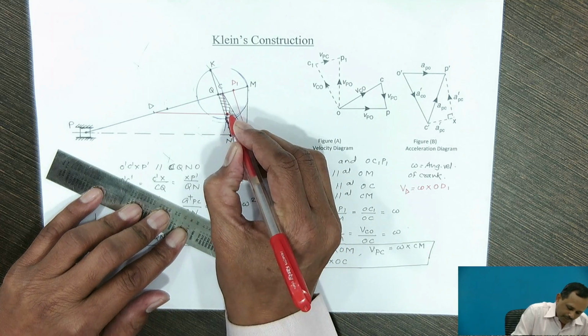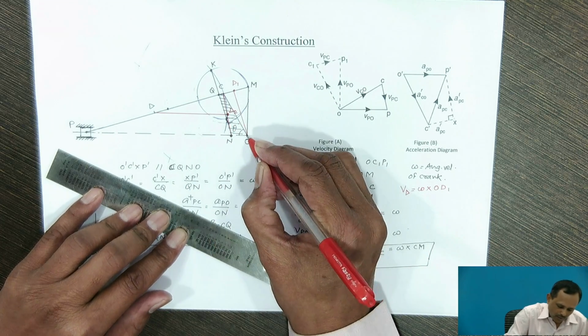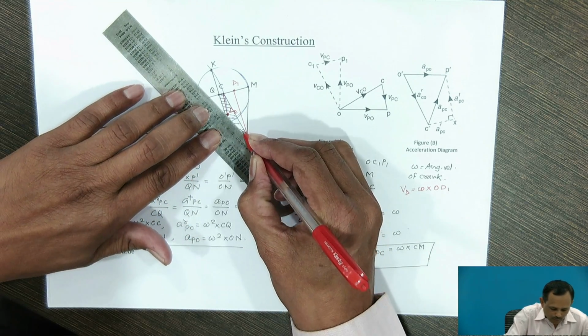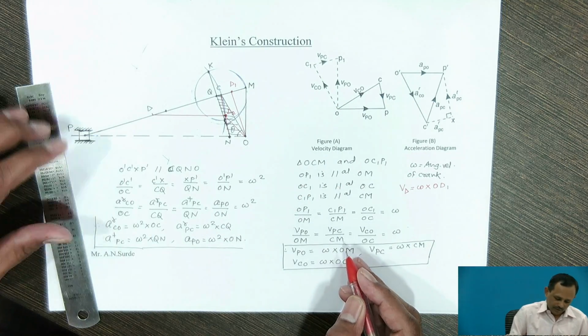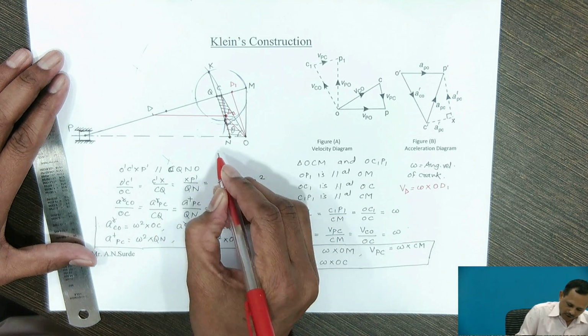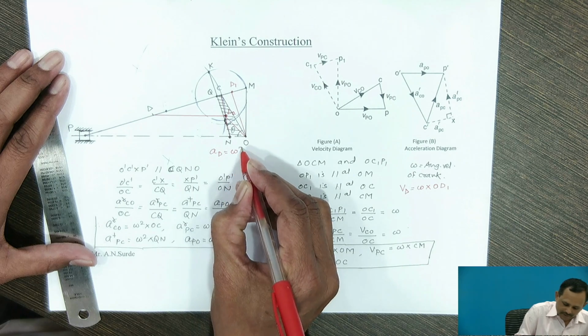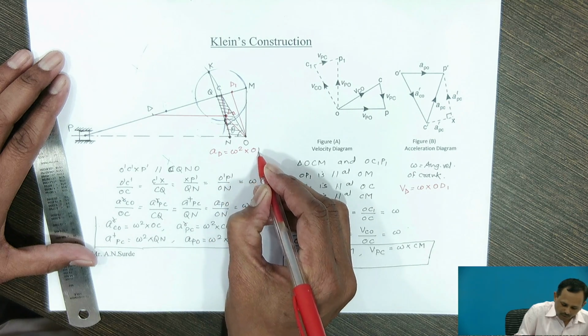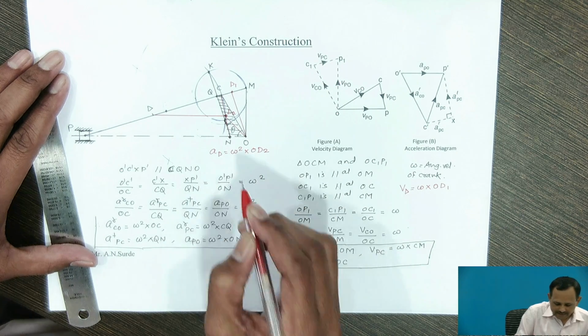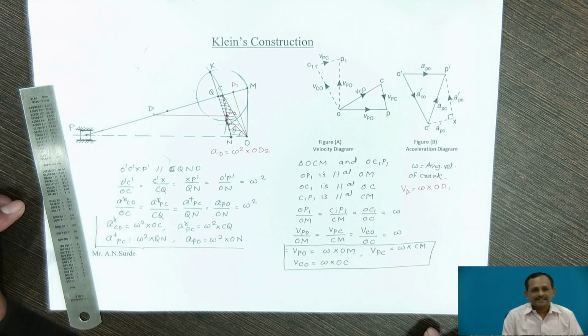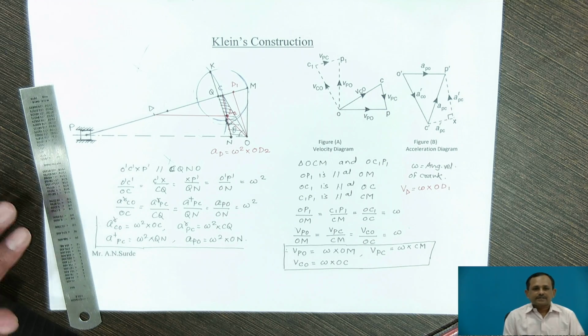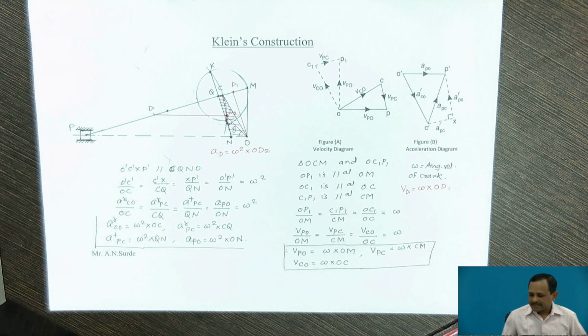So join OD2. Therefore, acceleration of point D is equal to omega square into length OD2. Hence, by using Klein's construction diagram, we can determine velocity and acceleration of various links without drawing the relative velocity diagram.